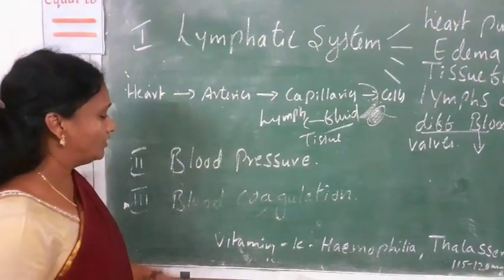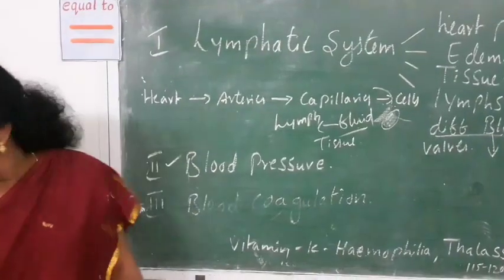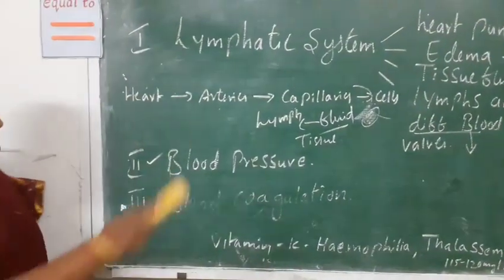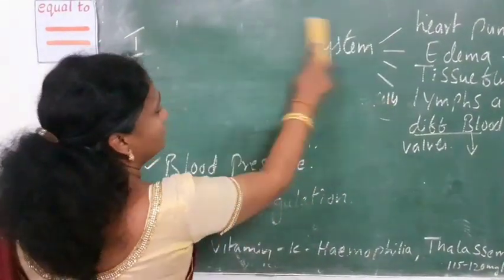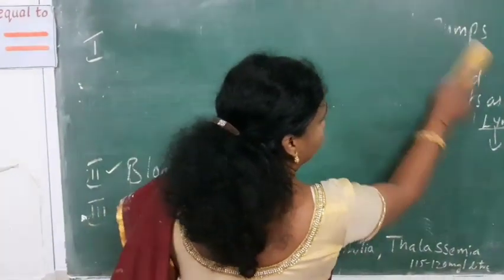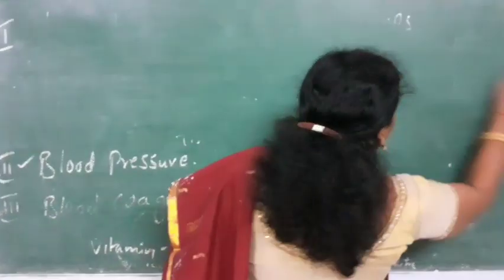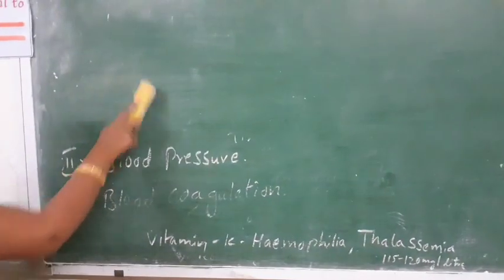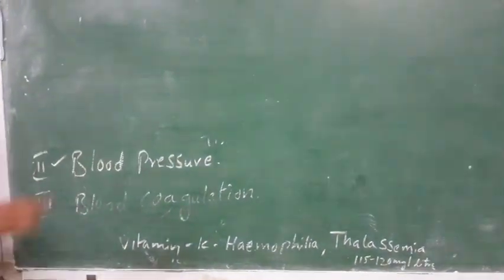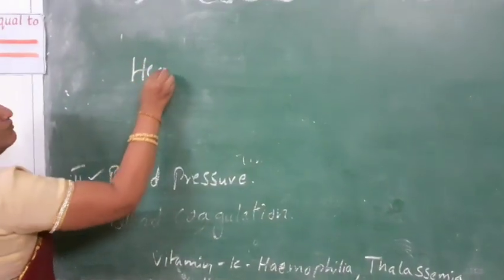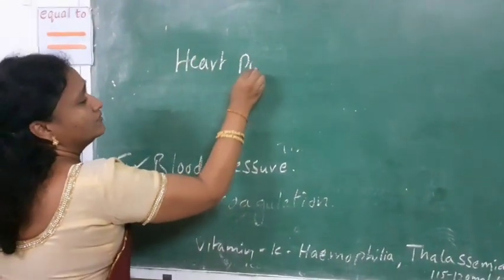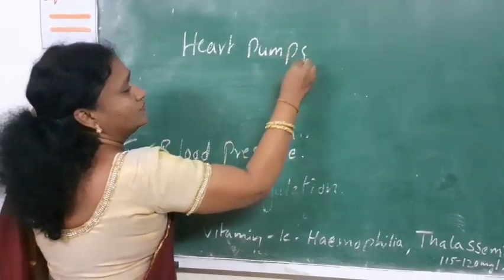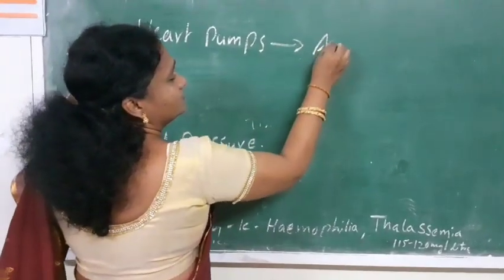Next, we'll go to the next topic, that is blood pressure. Generally, the heart pumps the blood into the blood vessels. This pumping of the heart is very necessary because it has to supply the blood to the body parts. The heart pumps the blood to the arteries.